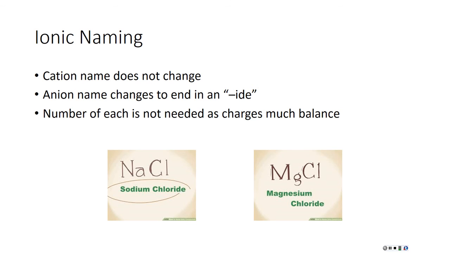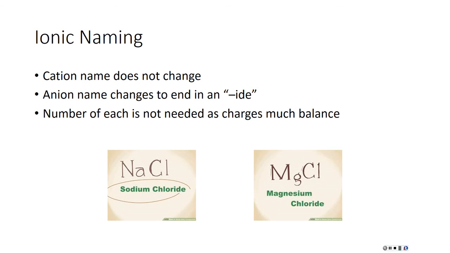What about the reverse? What if you actually have a name instead of a formula? So let's say that we start out with aluminum oxide, and I want to find the formula for this.